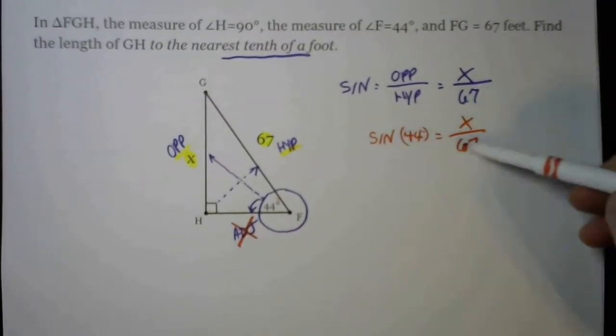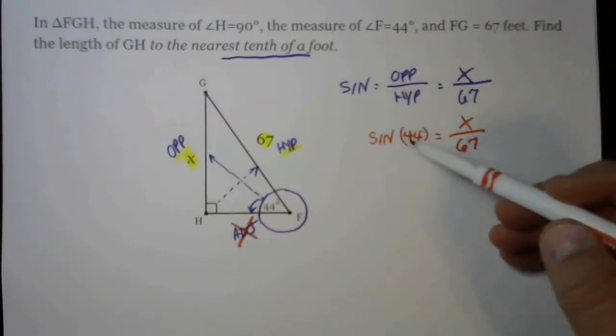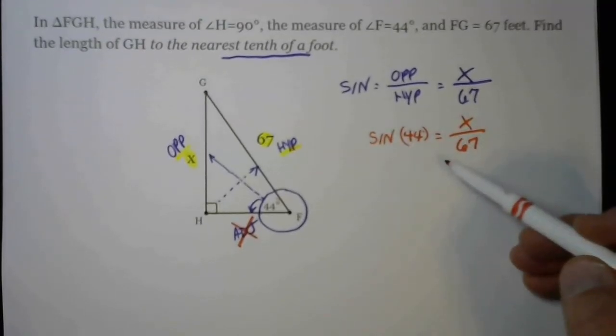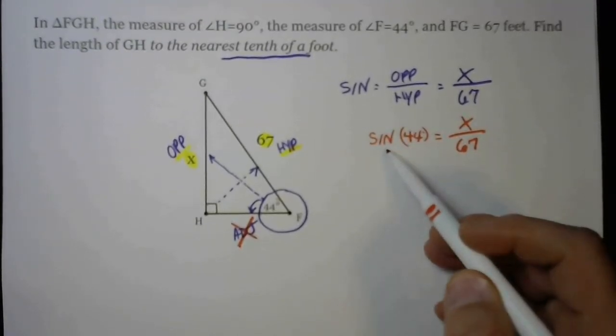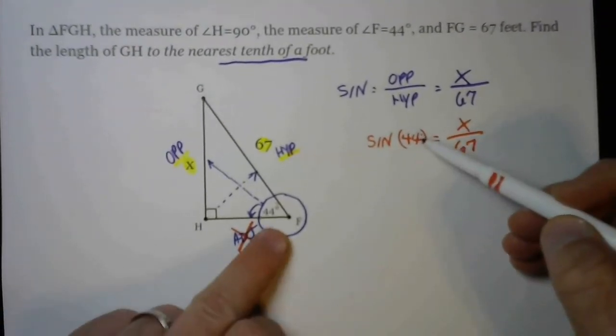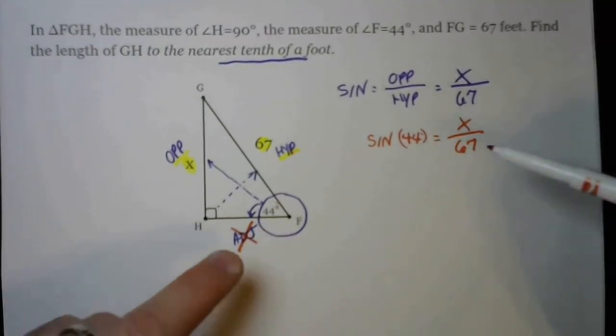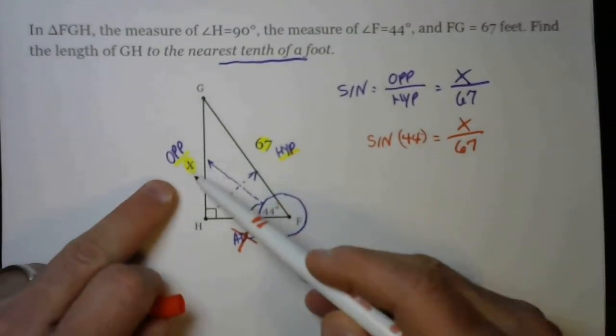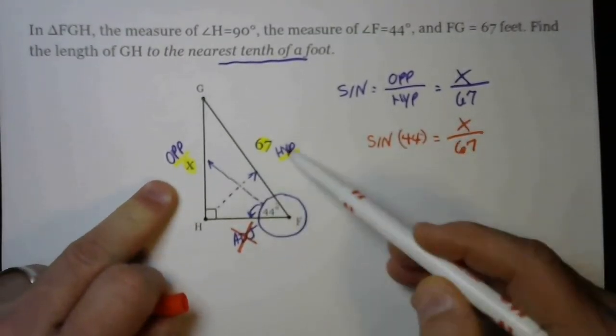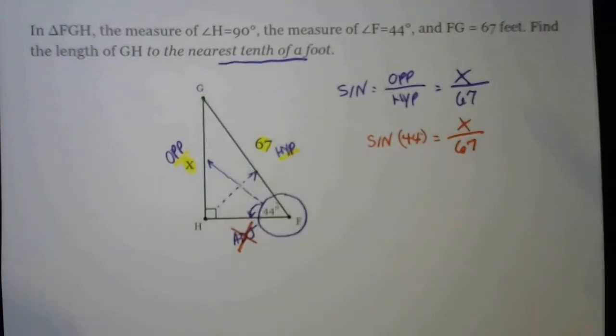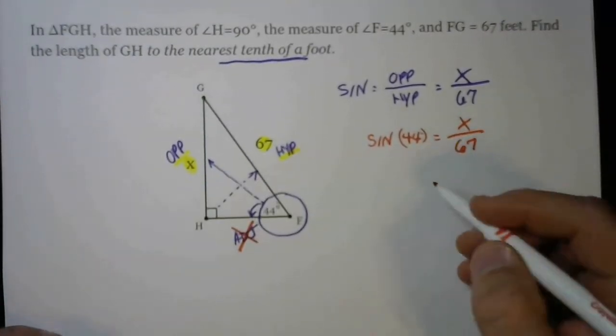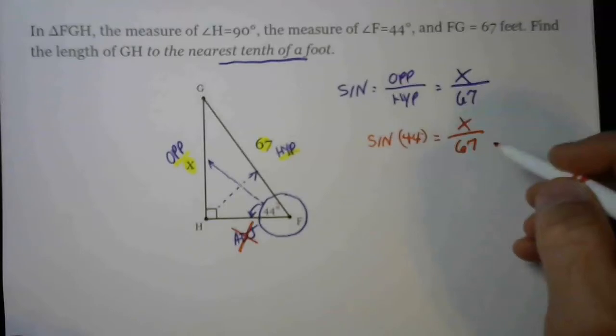Well, now I have to figure out, what do I do from here? Here's my standard equation. I've got the correct trig function, I've got my angle in the parentheses, and I've got my opposite, which is x, over my hypotenuse, which is 67. Here's how we do it. We're going to solve algebraically for x.